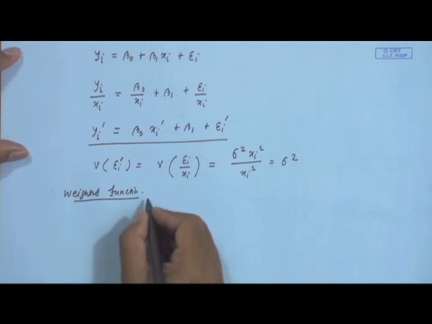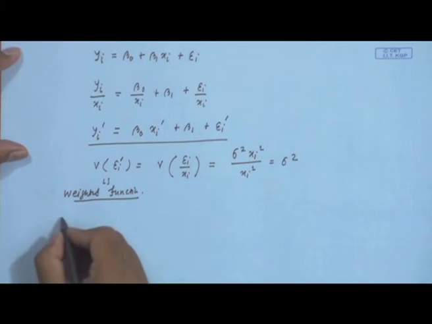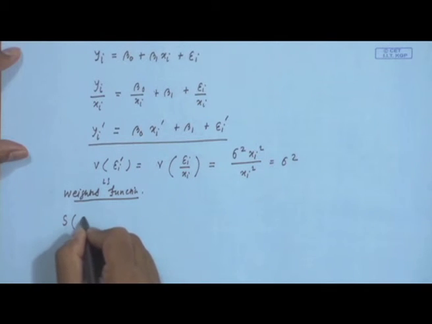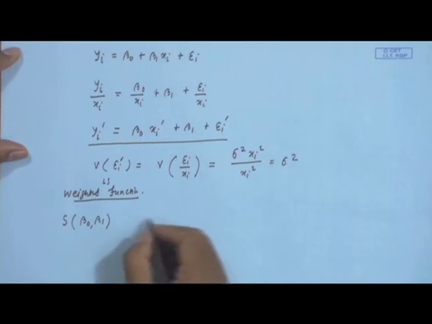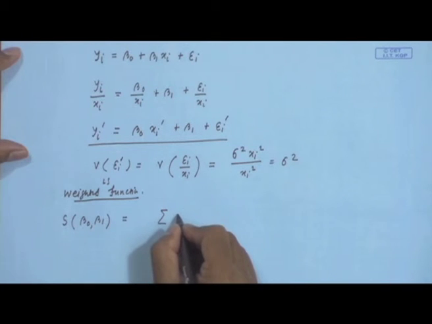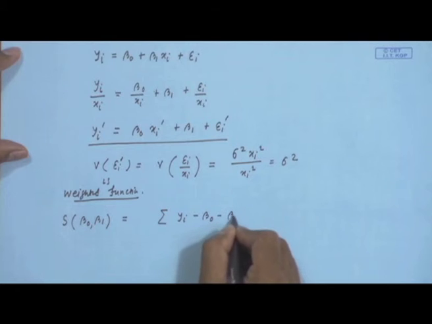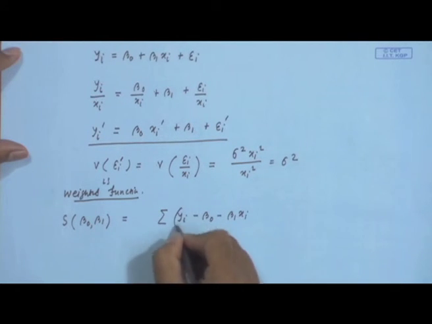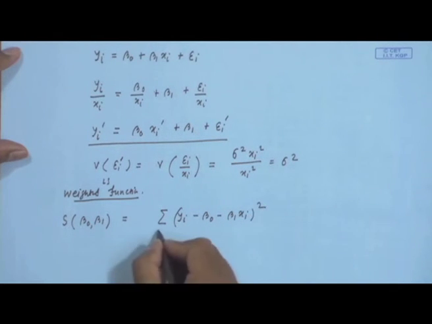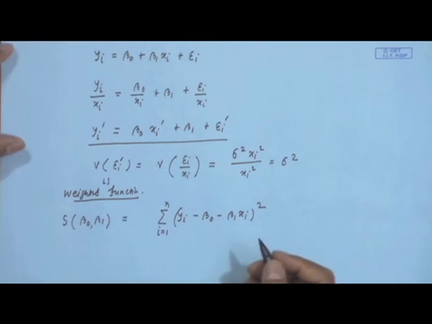So, the weighted least square function is S(beta naught, beta 1). What we do in the usual case is minimize the SS residual, that is the sum of (y_i minus beta naught minus beta 1 x_i) square, i from 1 to n.